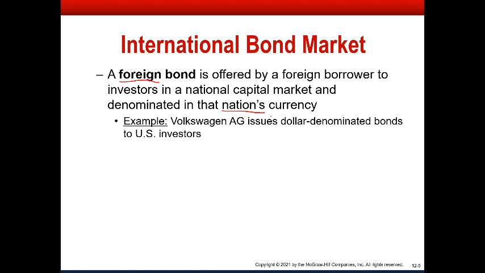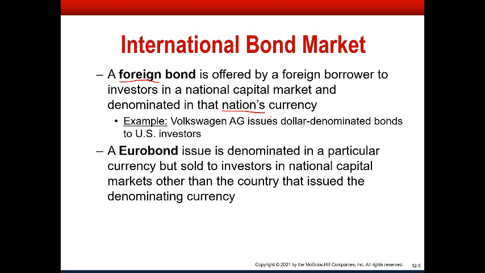So, for example, let's say Volkswagen issues dollar-denominated bonds in the U.S. to U.S. investors. Those would be known as foreign bonds. Or a U.S. company, let's say General Motors, goes to Canada and issues bonds to Canadian investors denominated in Canadian dollars. Those would be foreign bonds.